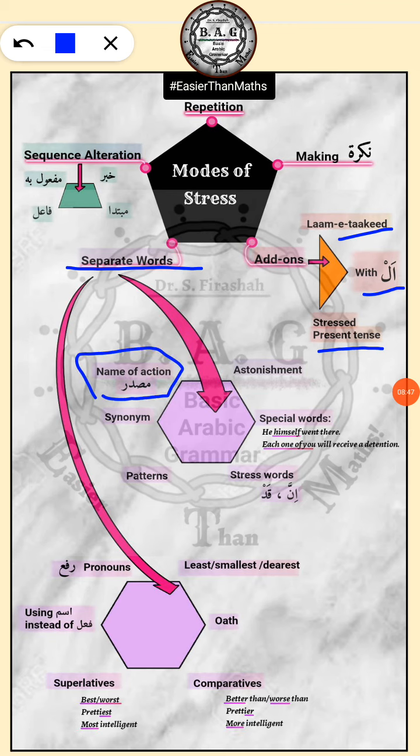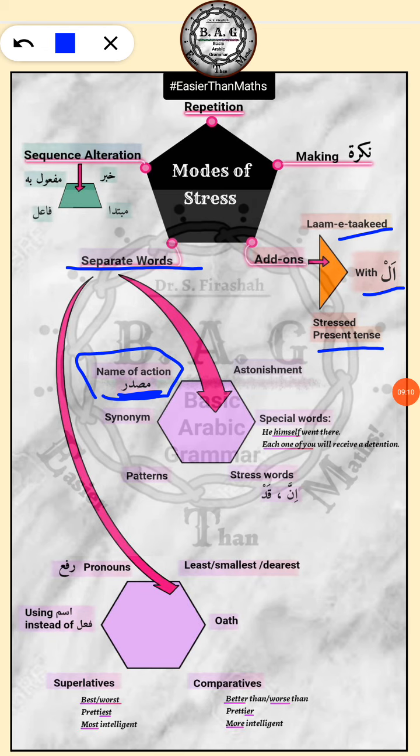Masdar is your name of action, and this is something that I had touched very briefly. I had defined this term masdar, or rather the name of action, in the second lesson of section A. Name of action is also called masdar. And I'll be telling you exactly what all these things are in their respective lessons.